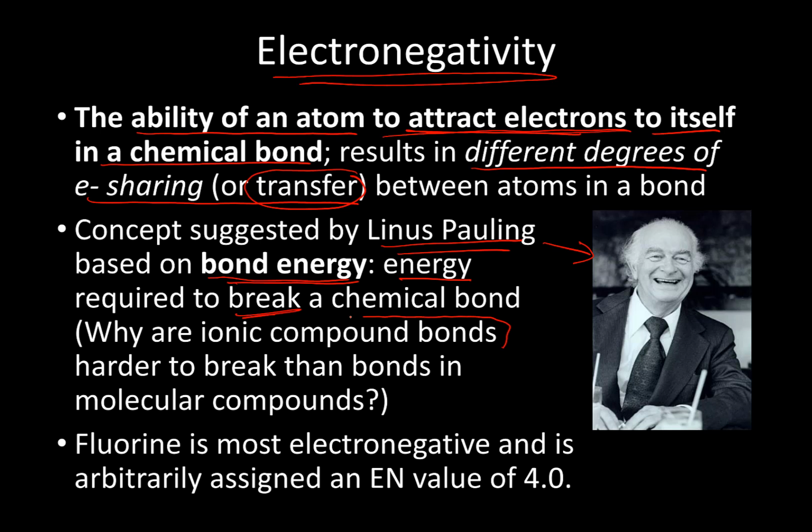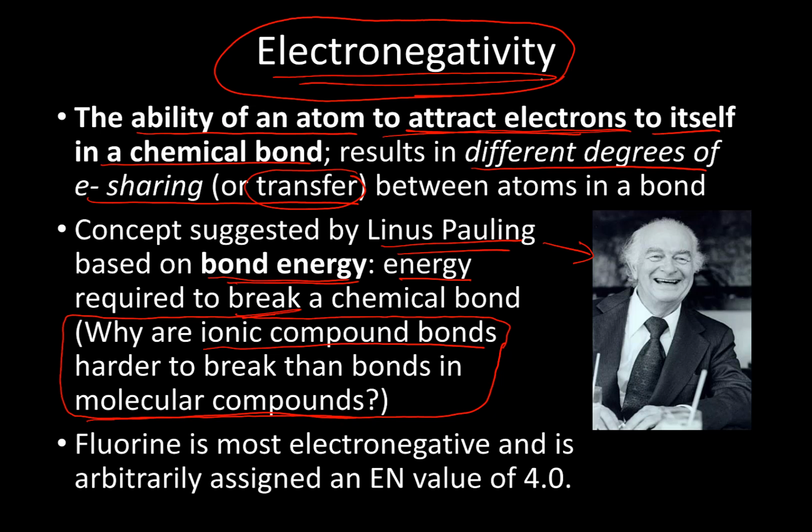And the question he started to ask when he looked at the bond energy of different bond types is, why are ionic compound bonds harder to break than molecular compounds? And this led him to the idea and the concept of electronegativity, because it helps us understand the answer to that question.